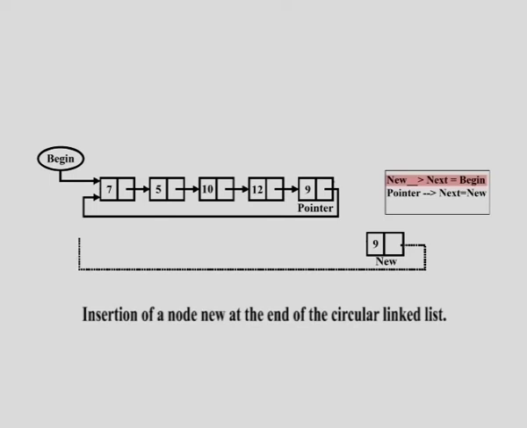Here new's next is equal to begin. Second, the next part of last node of the linked list will hold the address of new, the address of node which is to be inserted. Here the pointer is the address of last node of the linked list, therefore pointer's next is equal to new.